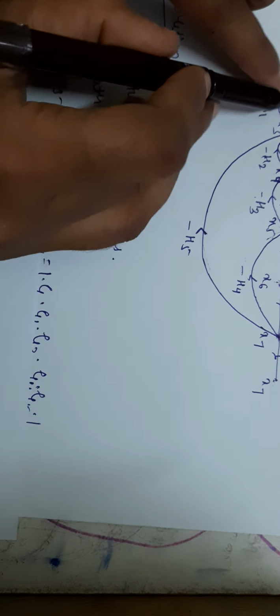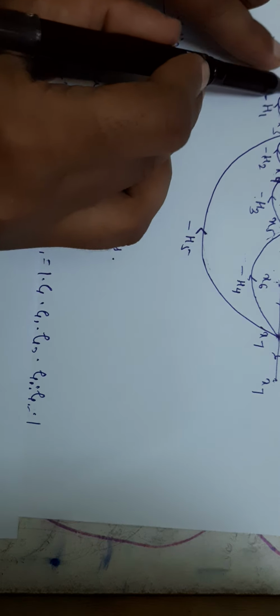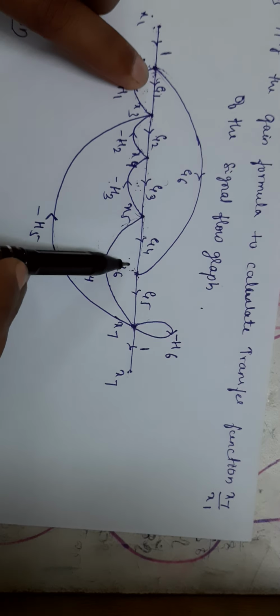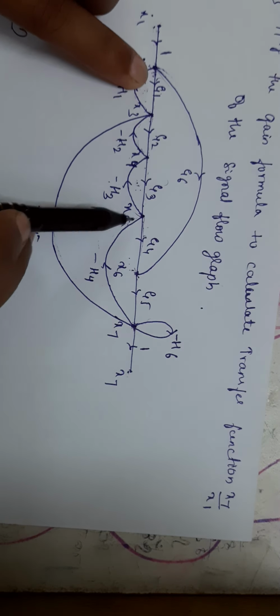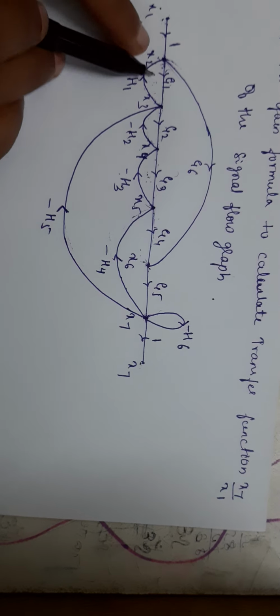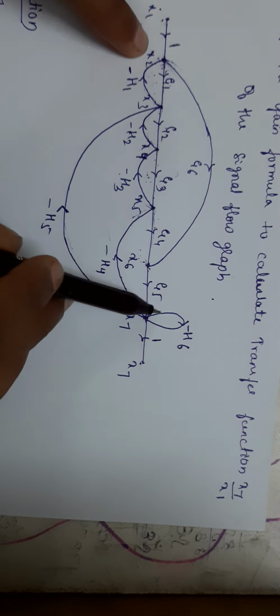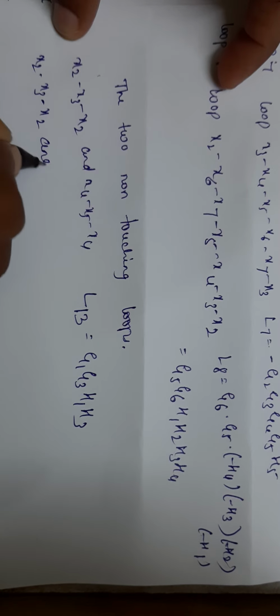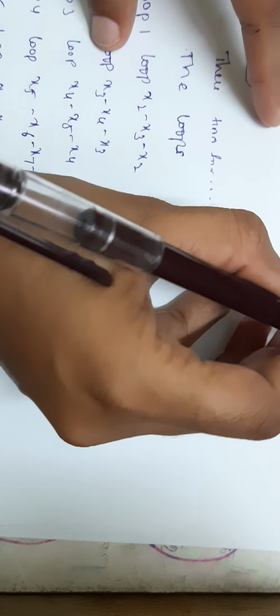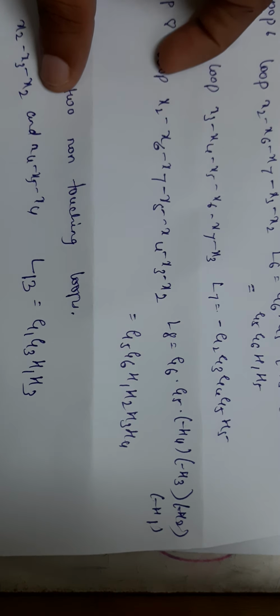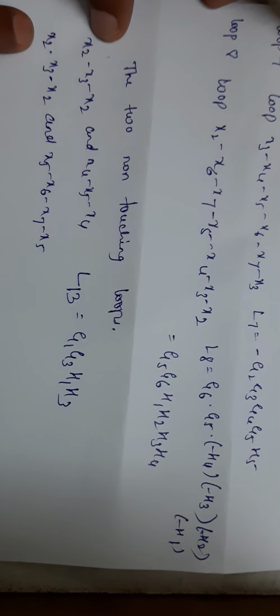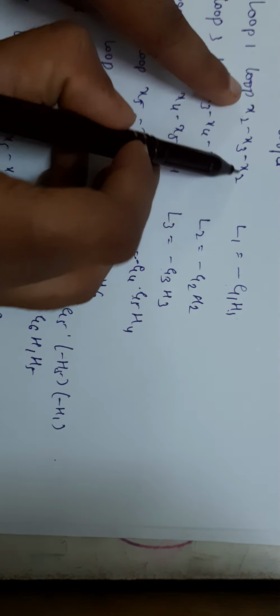Next, see this one. This loop X2, X3, X2 is non-touching with the loops X5, X6, X7 to X5. X2, X3, X2 is L1.